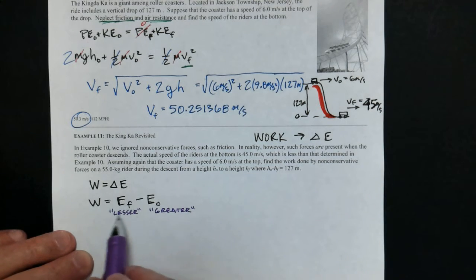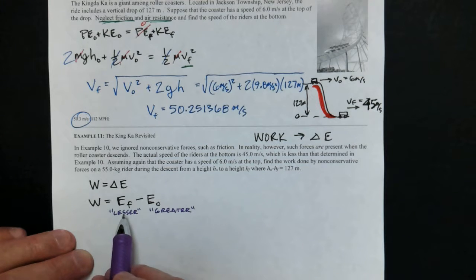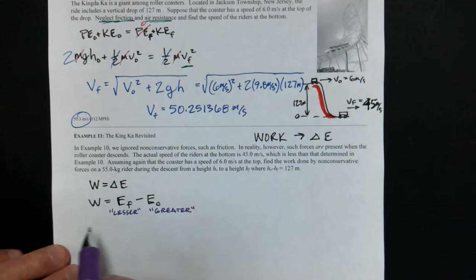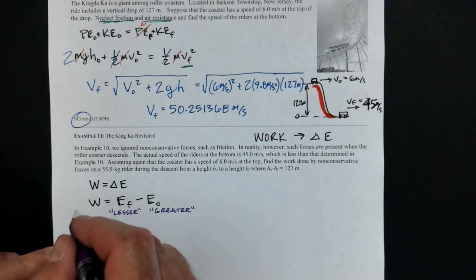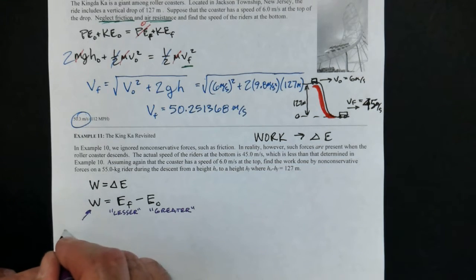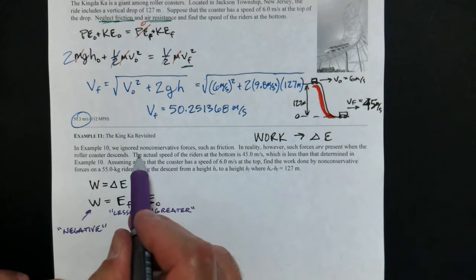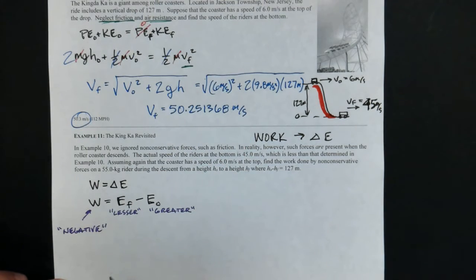Now, it's pretty easy to see that if you take a small number or a lesser number and you subtract a greater number or a bigger number, this work is going to be negative. Now, work isn't always negative, but non-conservative work, work done by non-conservative forces like friction, is always going to be negative. It's always going to pull energy away from the equation.